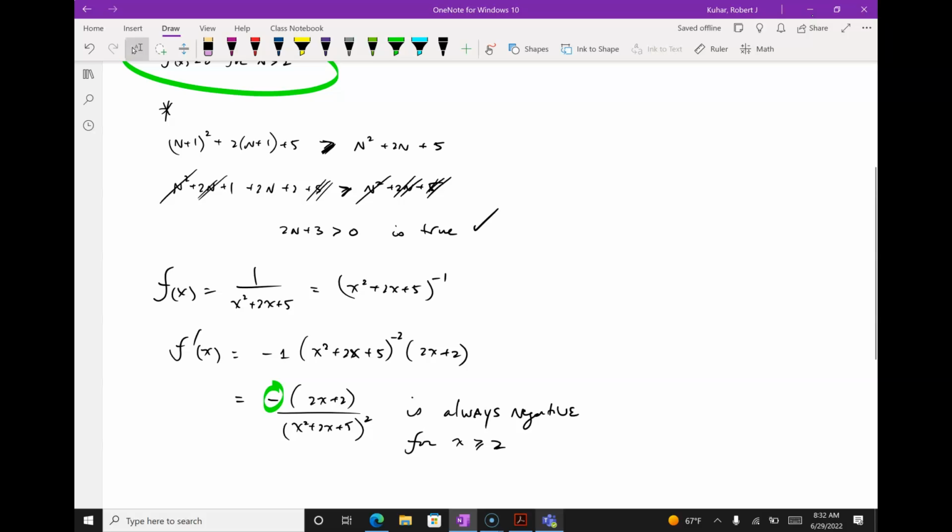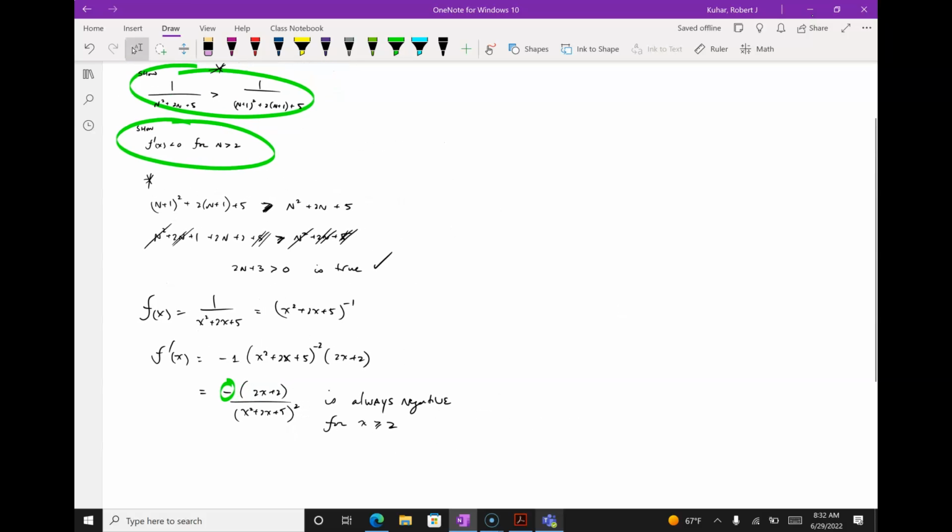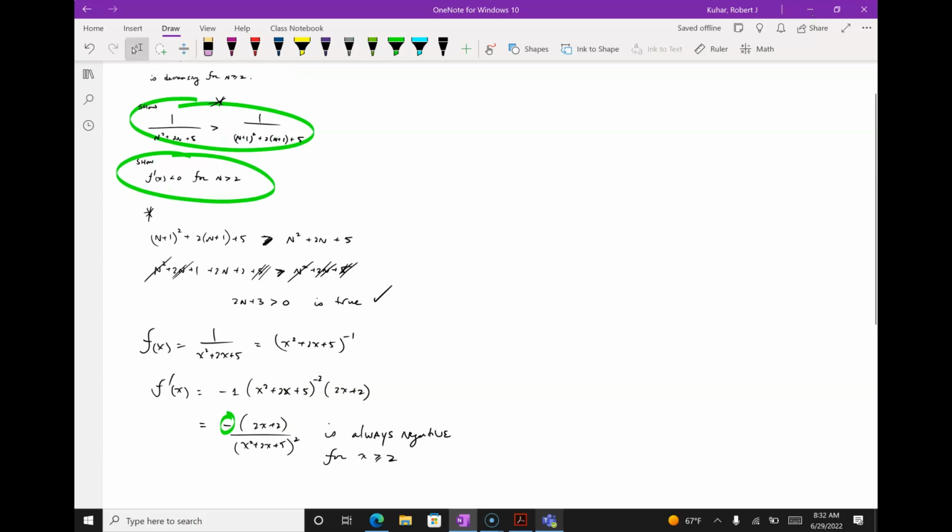Yep. Say again? Oh, the derivative of the inside. Yeah, I did just the chain rule. Yeah, it could be done with the quotient rule, right?